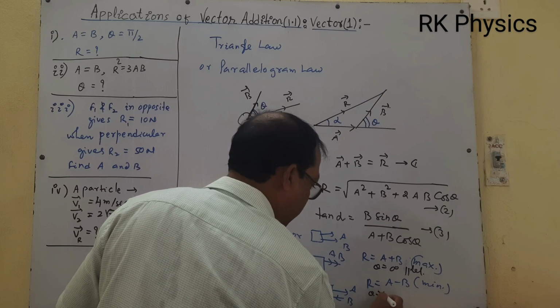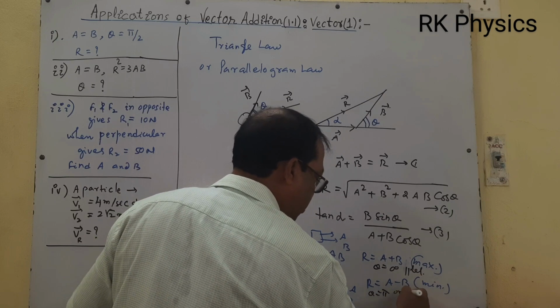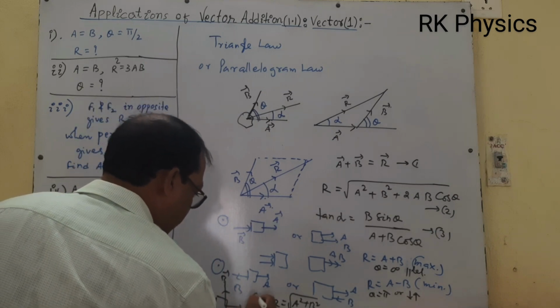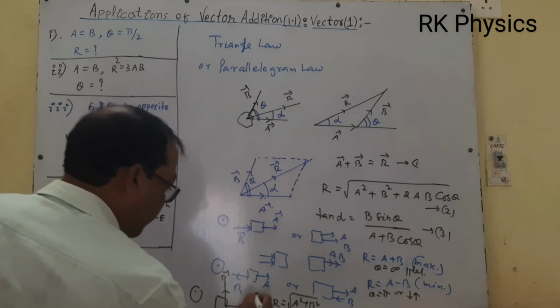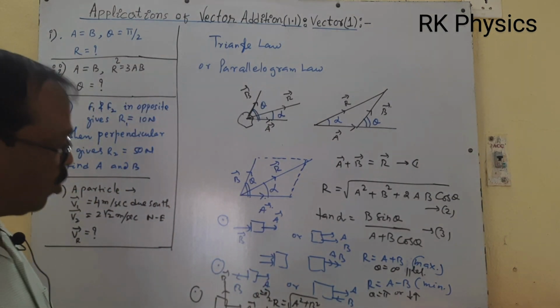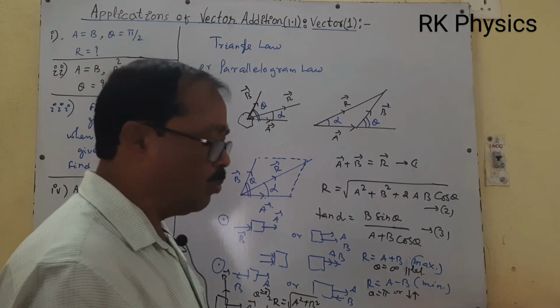Here theta is 180 degrees, or the two vectors are anti-parallel. But here theta is pi by 2, 90 degrees. These are the common cases we come across in all theory books.